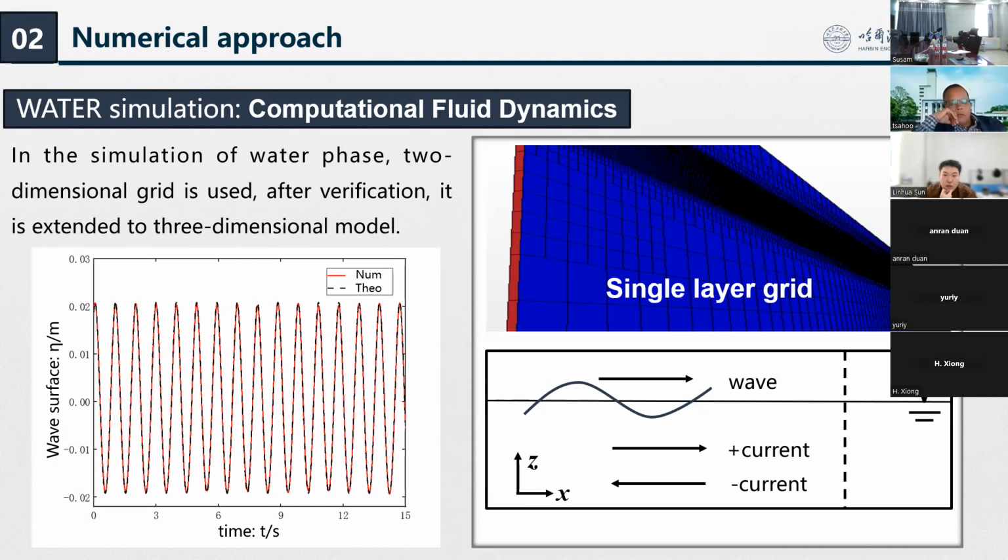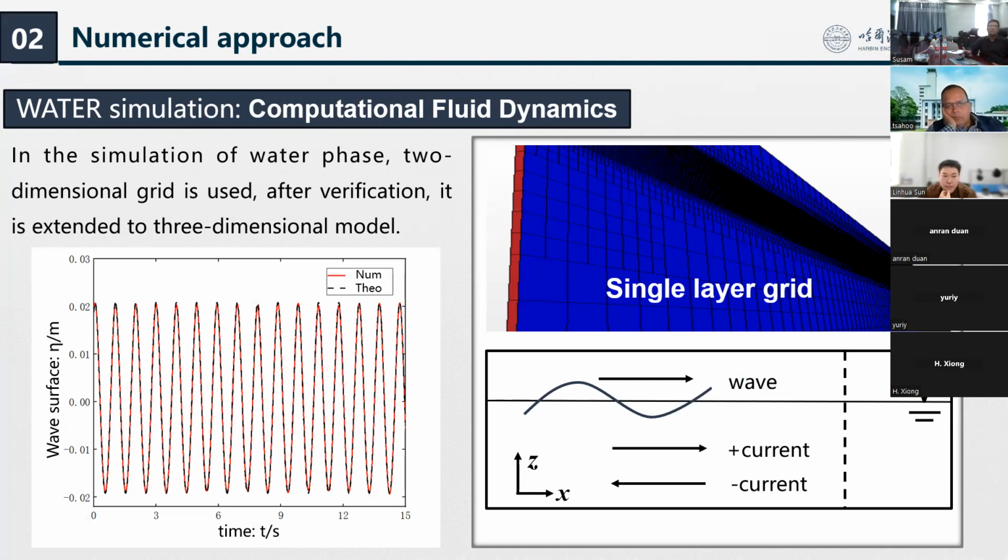We can use this mode to simulate water, to simulate wave. And the picture on the left is a validation of the wave surface. The red one is numerical, and the black one is theoretical. In the simulation of the water phase, a two-dimensional grid is used for validation, and it is then extended to three-dimensional modes.